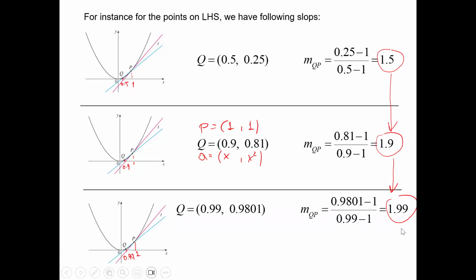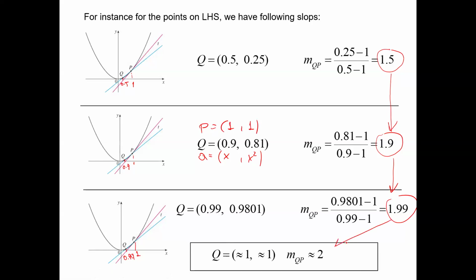And now you can also guess that when we go even closer to 1, which is 0.999999, we will get the slope almost 2. Okay, that means we may consider now that that's our best estimation of the slope of the tangent, and this is 2. That's the whole process.